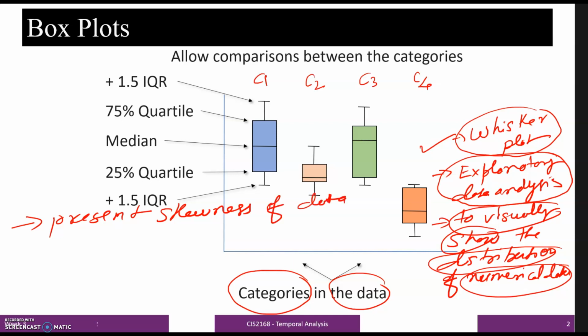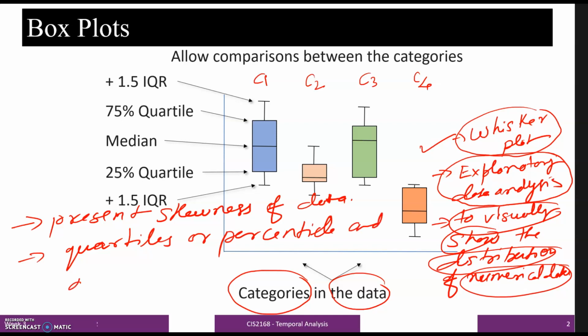So using box plot, we can display the skewness in the data, and we use quartiles, or it is also referred to as percentile, and average of the data.